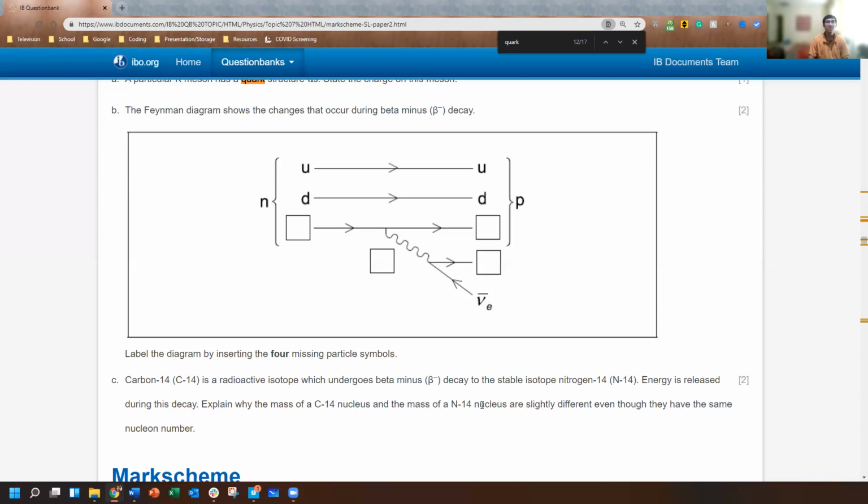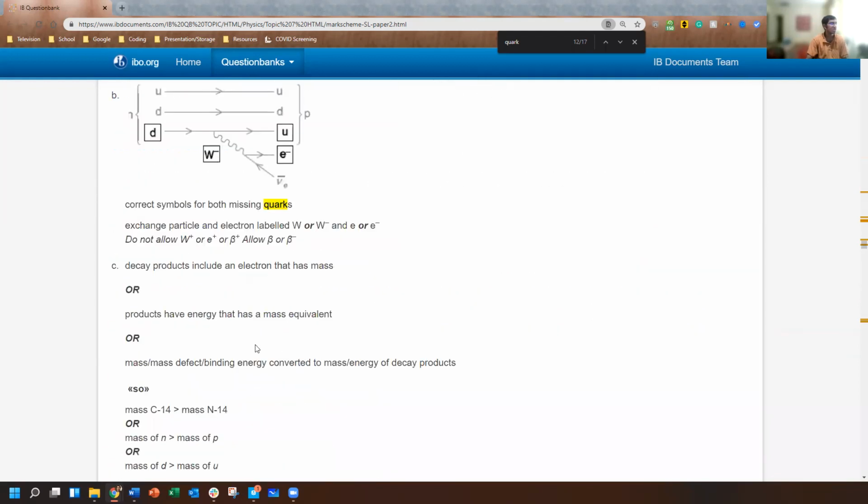I don't know. Something along those lines. Maybe the explanation is that the mass defect is different. They have the same nucleon number. Well, I guess the difference is that they have different proton numbers. So because of the different proton numbers, the strong nuclear force acts differently on them. I don't know. Let's see what they say.